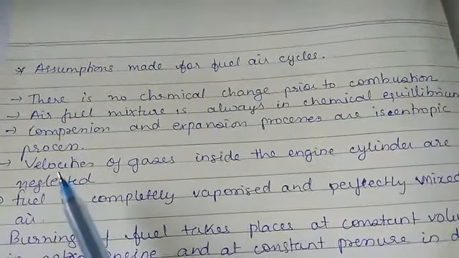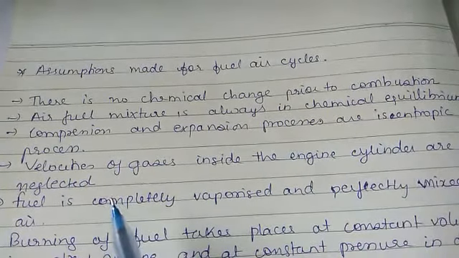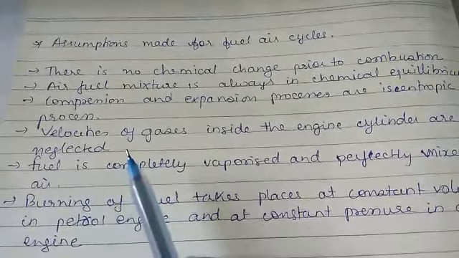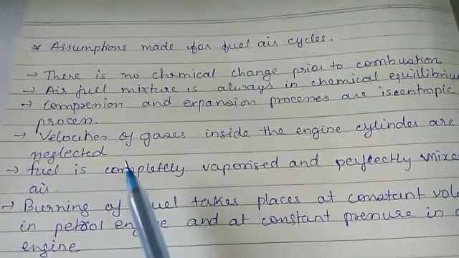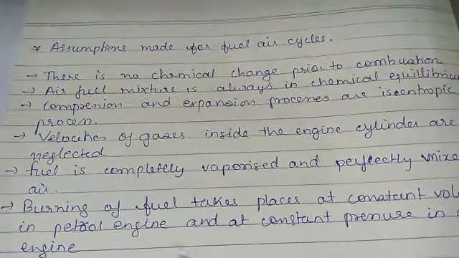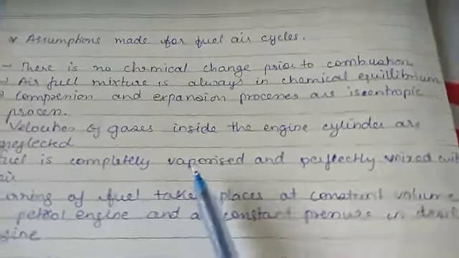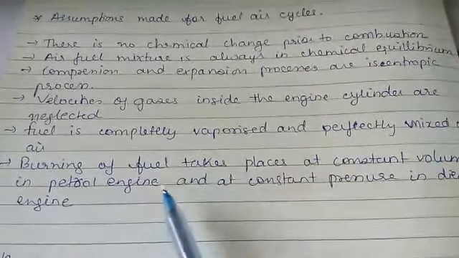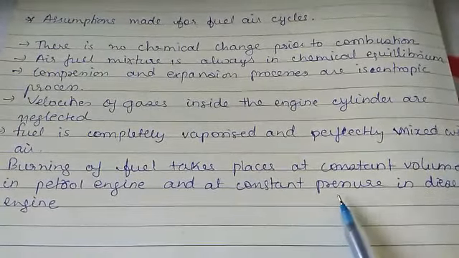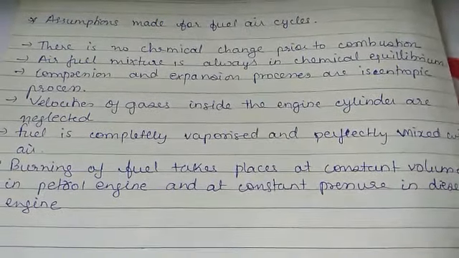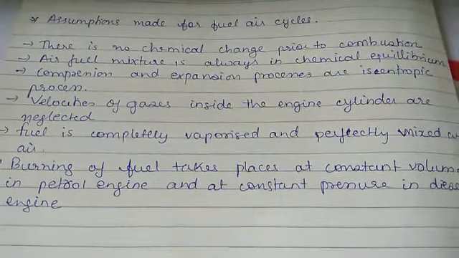Next, compression and expansion processes are isentropic processes. Next, velocity of gases inside the engine cylinder is neglected throughout the cycle. Fuel is completely vaporized and perfectly mixed with air. Burning of fuel takes place at constant volume in case of a petrol engine and at constant pressure in a diesel engine. These were the assumptions made for the fuel air cycles.